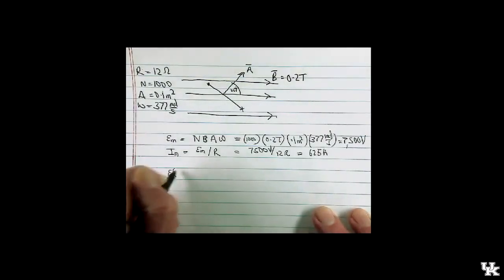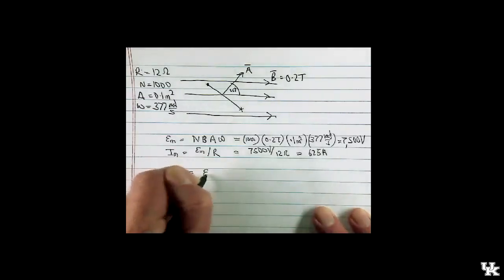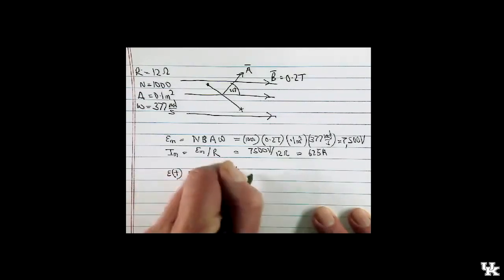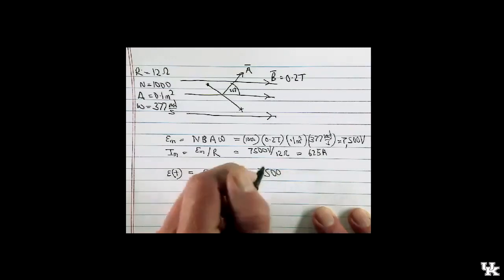Just to stress it, the EMF as a function of time, so put time in parentheses there, is going to be the maximum EMF times sine omega t. And the maximum EMF was 7,500 volts.